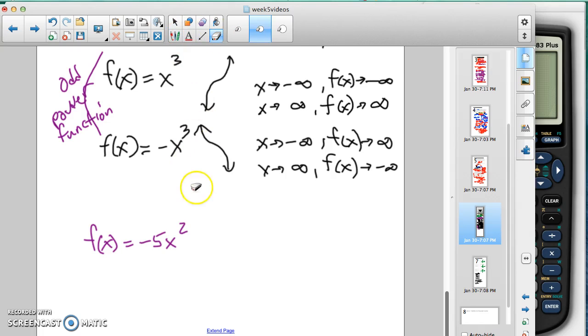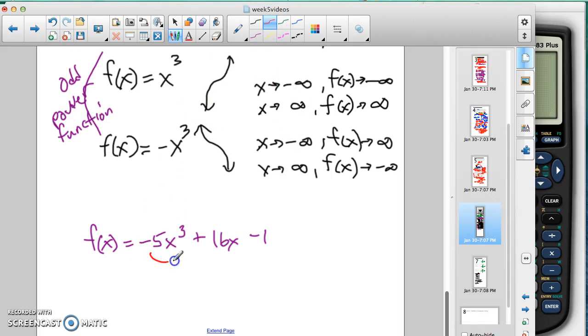plus x cubed plus 16x minus 1, something similar to the one up above, we would then look at just this lead term to determine which one it is matching here.